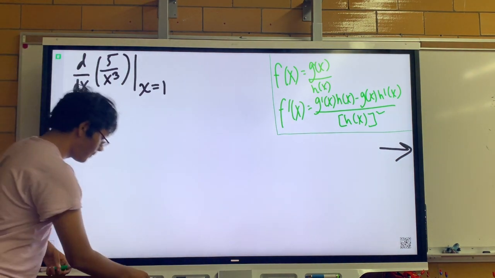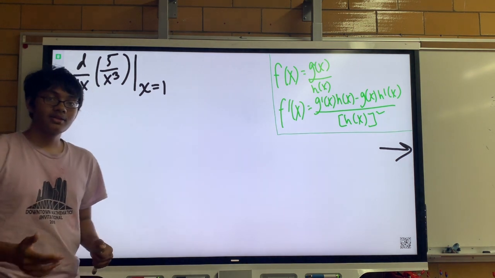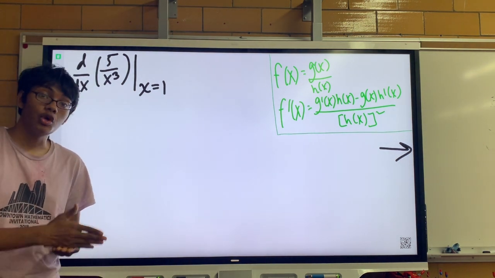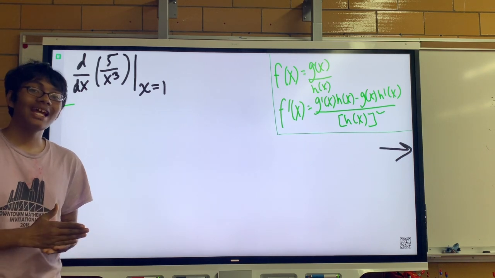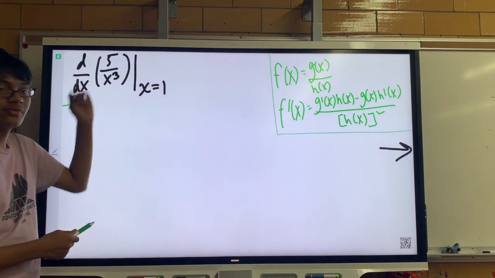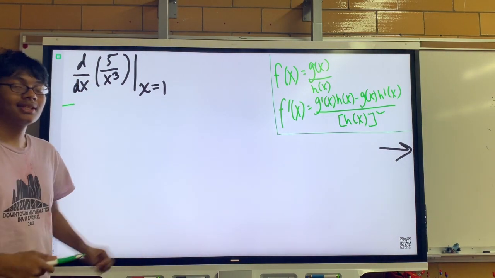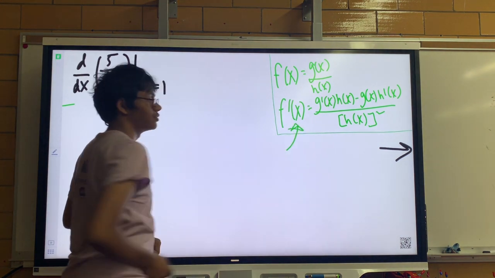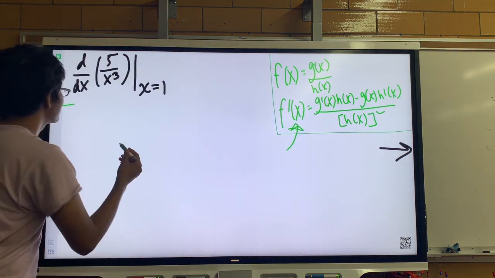Right, so how do we do that? Well, remember, to find the equation of the tangent line, we first have to find its slope. To find the slope of any tangent line, we have to take the derivative of this function. And how do we take the derivative of this function? Using the quotient rule. So let's go ahead, let's get started.